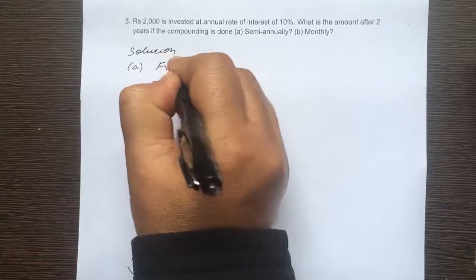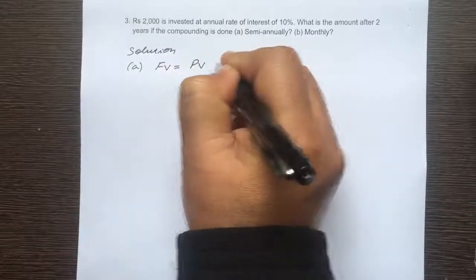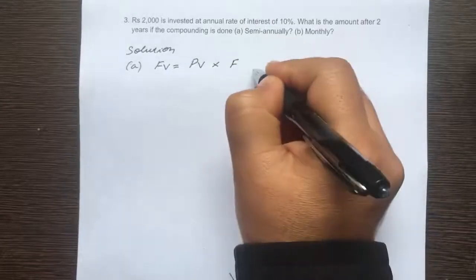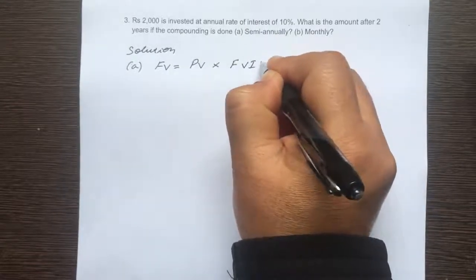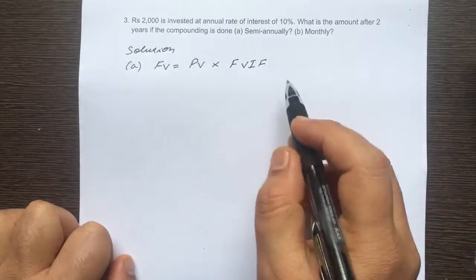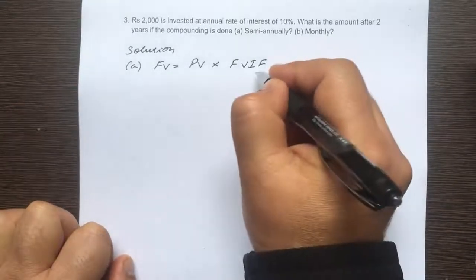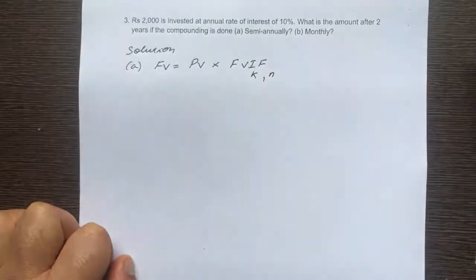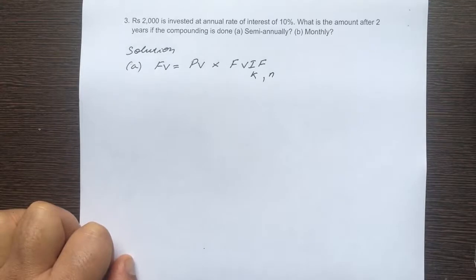So future value is equal to present value into FVIF, future value interest factor. Remember? All right. Now, K is the rate of interest and N is the number of years or number of periods.